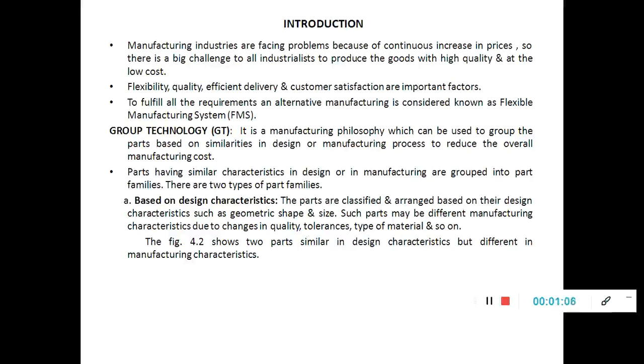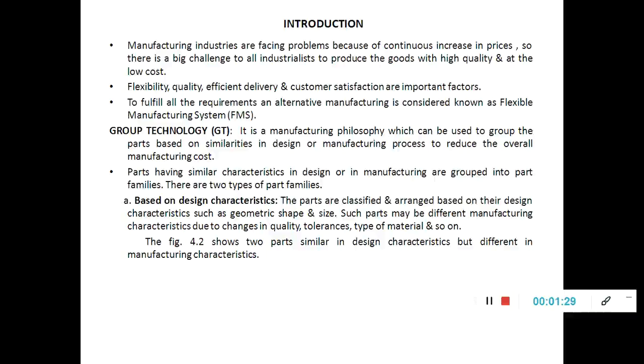Now coming to group technology. What do you mean by group technology? Group technology is a new manufacturing philosophy in which similar parts are identified and categorized depending upon their design and manufacturing processes to reduce overall manufacturing cost.